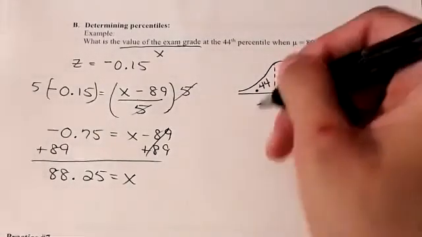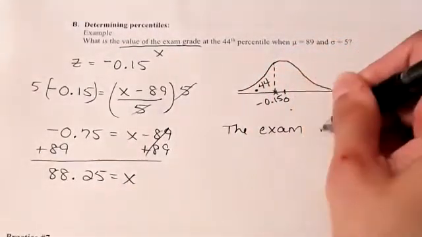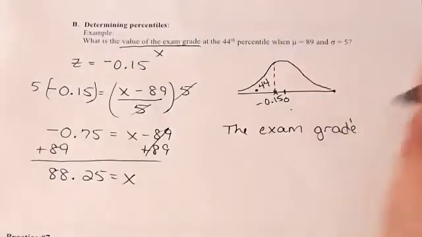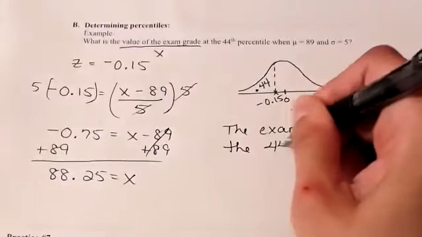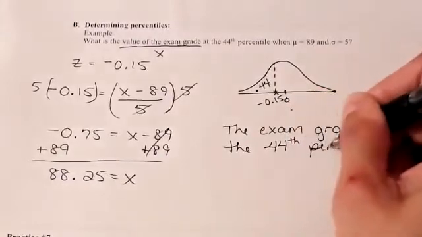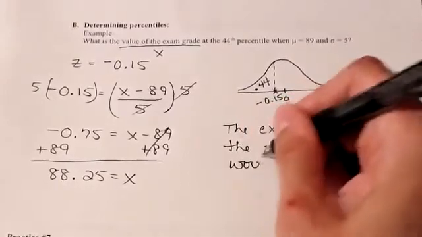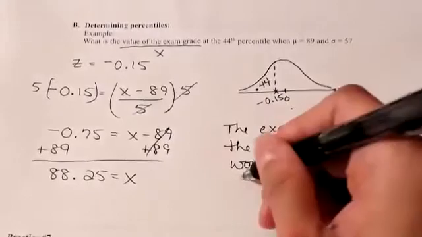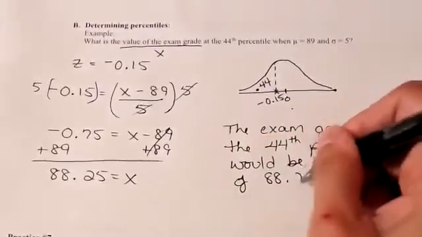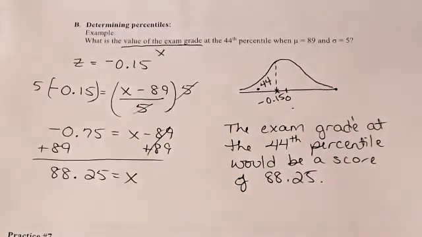So we can say the exam grade at the 44th percentile would be a score of 88.25. Perfect.